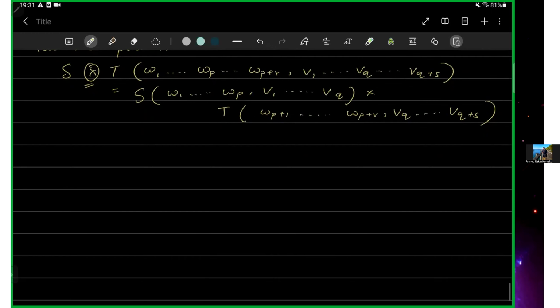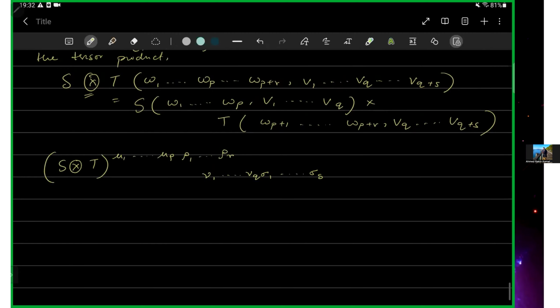Now, in terms of components, of course, this simply means that if you have the tensor product between S and T, where you have the components, like I said, going up as follows. Let me write this as P and rho 1 to R. And for the downstairs ones, I would have up to Q, and this would be up to S, right?